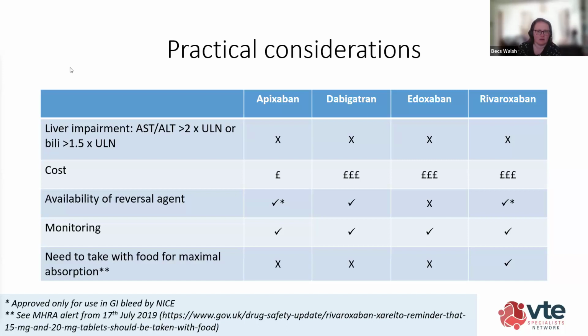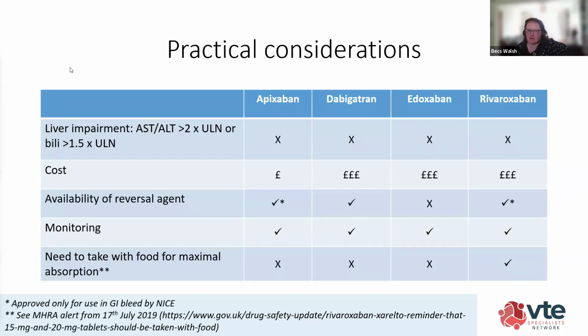So apixaban, ding ding, first line, all change, first line for everything where DOAC is indicated on the basis of cost, where all things are equal. For our clinicians, particularly the non-hematologists, that's not a very hard sell. They were quite pleased, thank you, to be asked to prescribe apixaban first line for AF. So everybody's happy, apart from the patients that were switched to edoxaban under the last cost-saving initiative and the practice pharmacists who are trying to manage those patients.